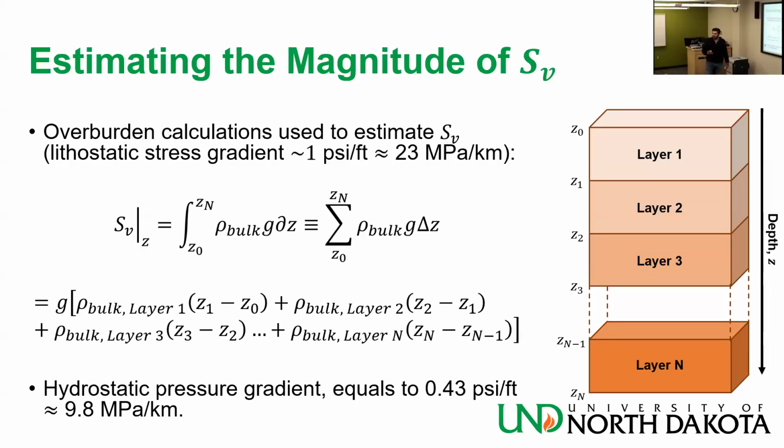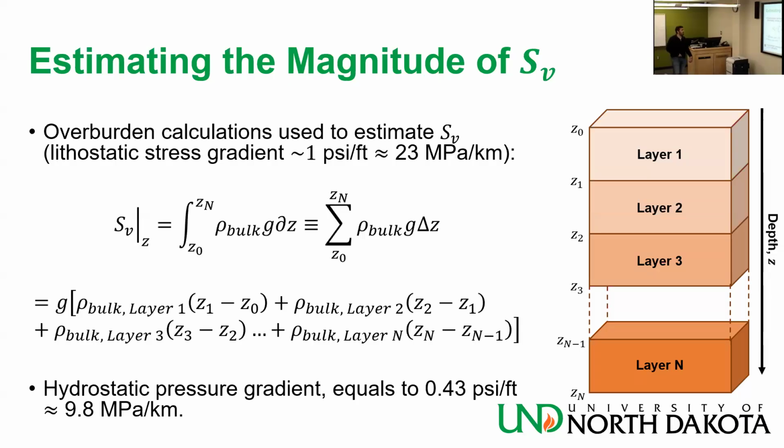Every foot in depth, I get 0.43 psi above. This is roughly 10 megapascal per kilometer, or 9.8 to be more exact, 9.81. This is not a rule of thumb. This is an actual value. We call it the hydrostatic pressure gradient.